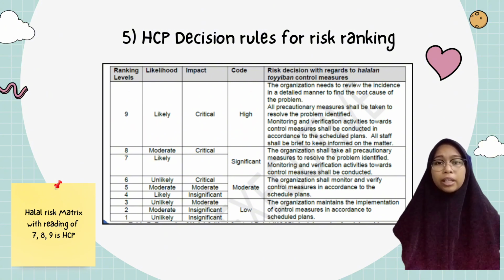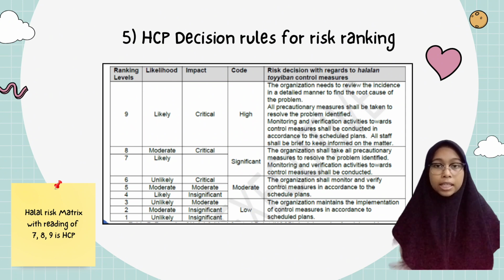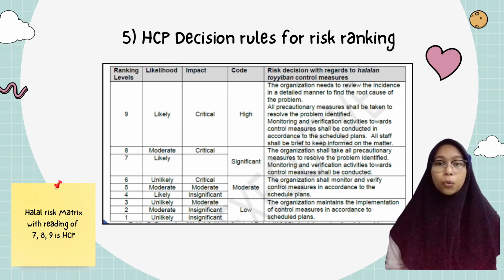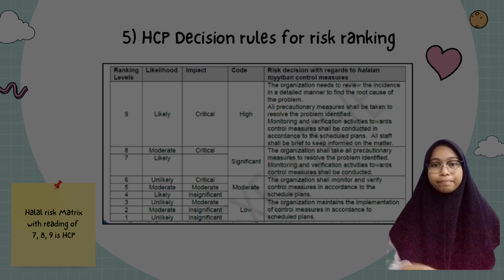The code for this ranking level is high, and the control measure, which is the action that we need to take to prevent this issue, is that the organization needs to review the incident in a detailed manner to find the root cause of the problem. Apart from that, we also have code significant for 7 and 8 ranking, moderate for ranking 4 until 6, and low for ranking 1 until 3. Remember, from all of this, we need to come out with the decision to prevent it from occurring.